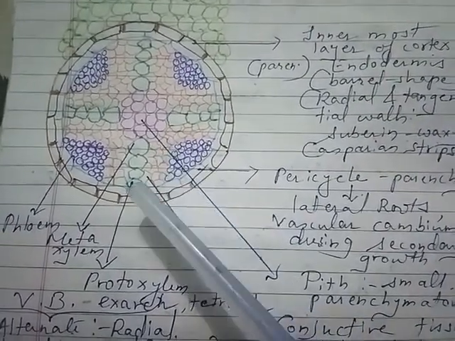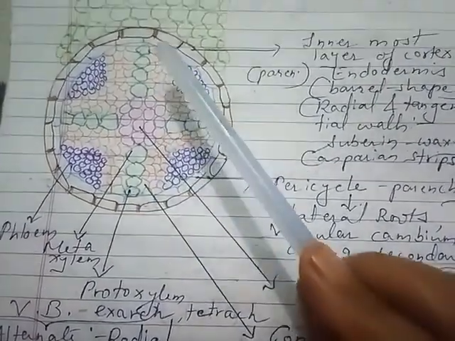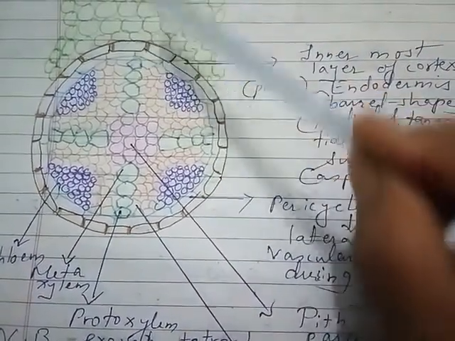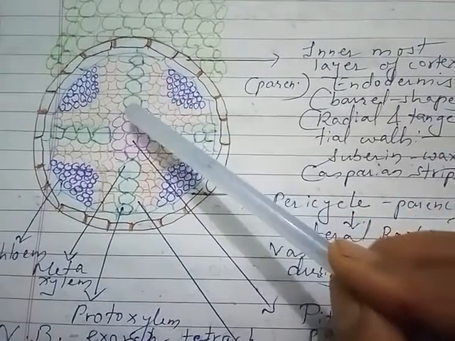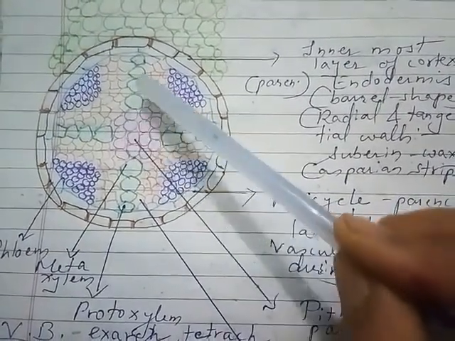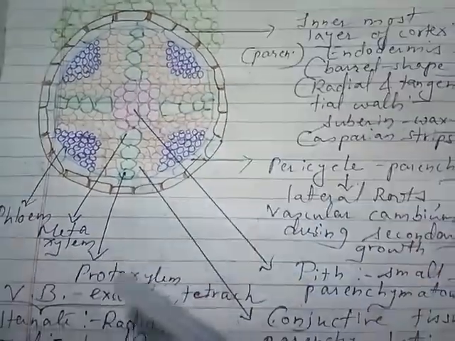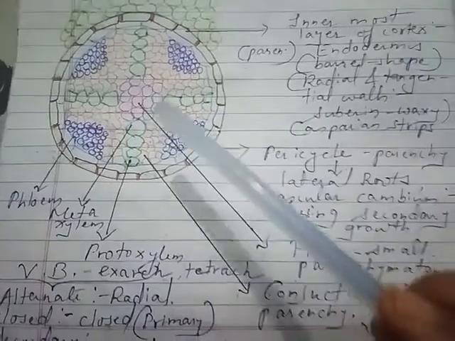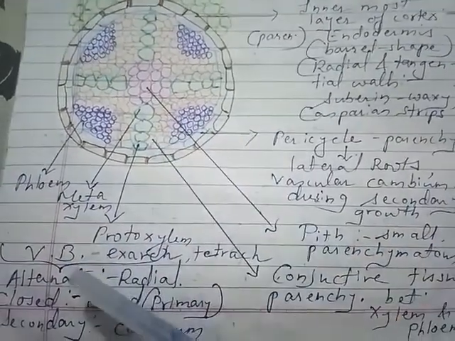Now here, these smaller ones are called protoxylem. So protoxylem is towards the periphery, towards the outer side, while these bigger ones are said to be the metaxylem. So metaxylem is towards the center, facing towards the center. Such arrangement of xylem is called exarch. Then they are radially arranged, alternately arranged.